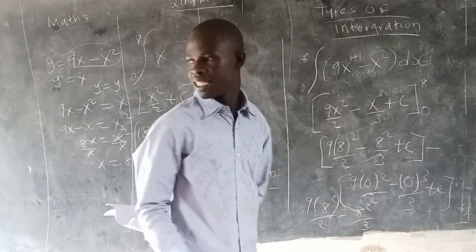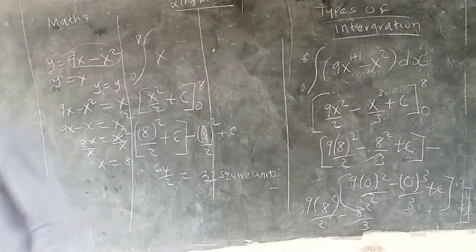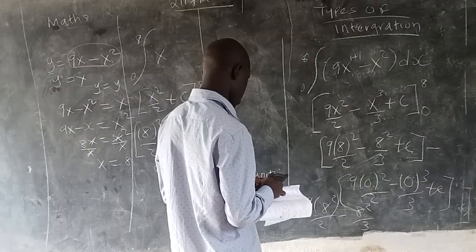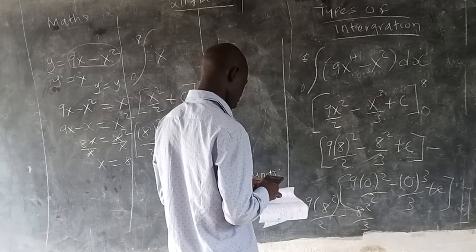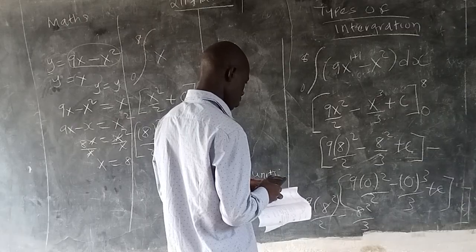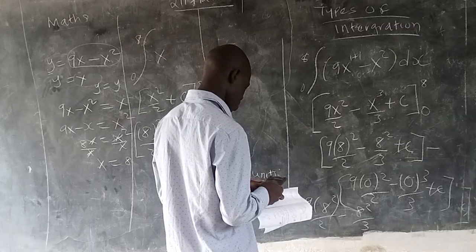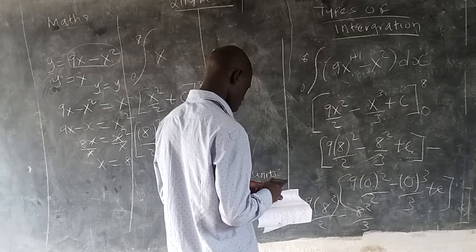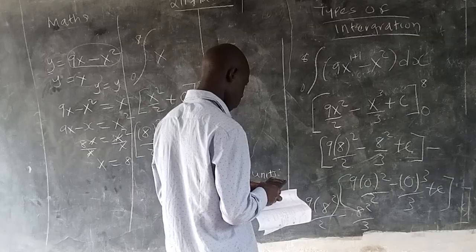So when we punch that on our calculators, that is 64 multiplied by 9 divided by 2, minus 8 cubed, 512, divided by 3.